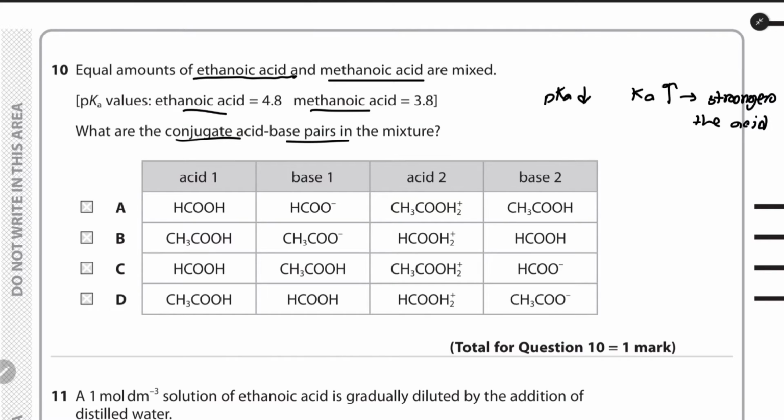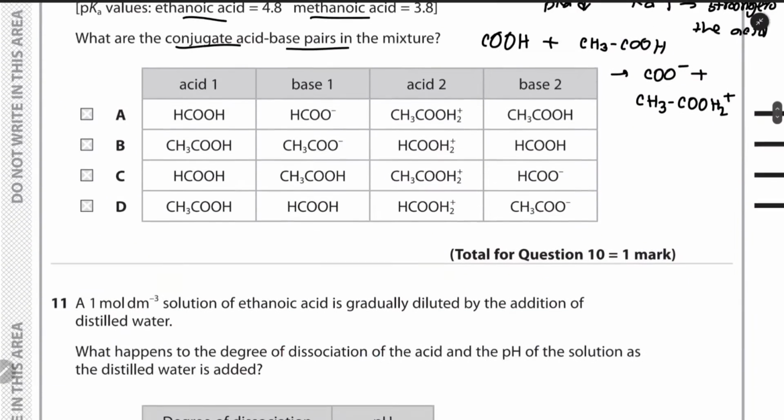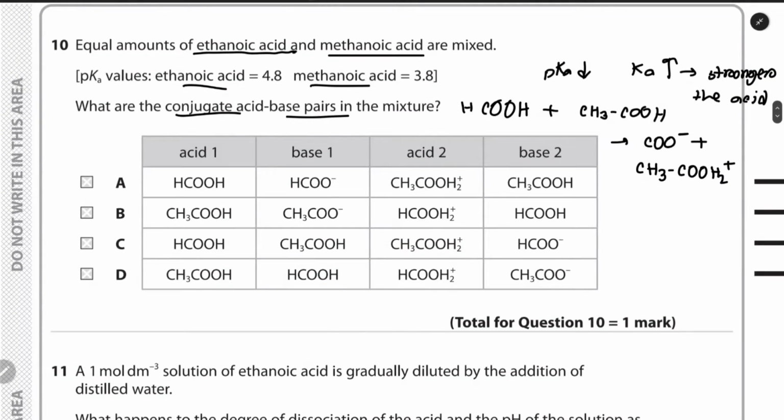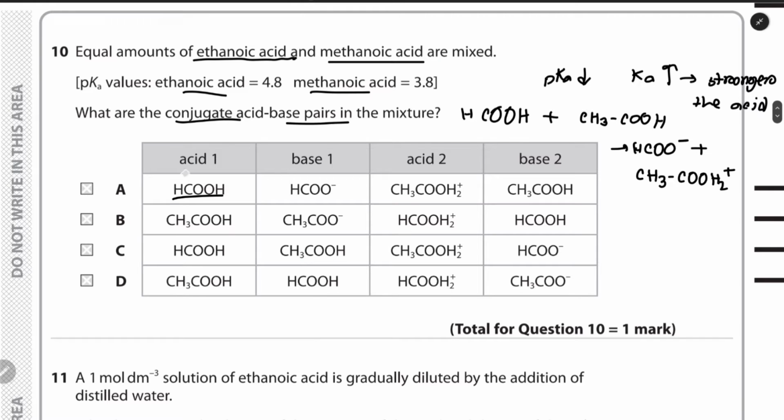So in a reaction between ethanoic acid and methanoic acid, methanoic acid will act as the acid and ethanoic acid will act as the base. So methanoic acid will lose a hydrogen while this will gain a hydrogen. So the acid is HCOOH. This is the acid.